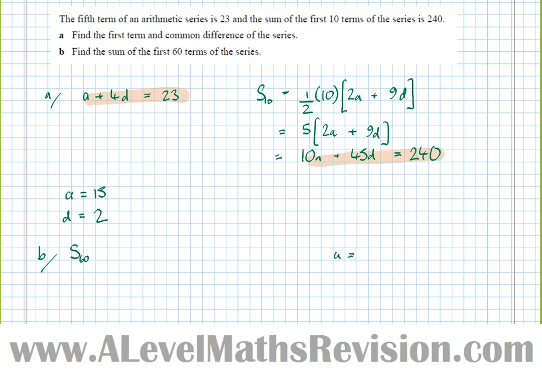Well, the first term we found to be 15, the common difference 2, and the number of terms we're summing is 60. So using the formula, we've got a half n, which is 60, 2a plus (n minus 1) d.